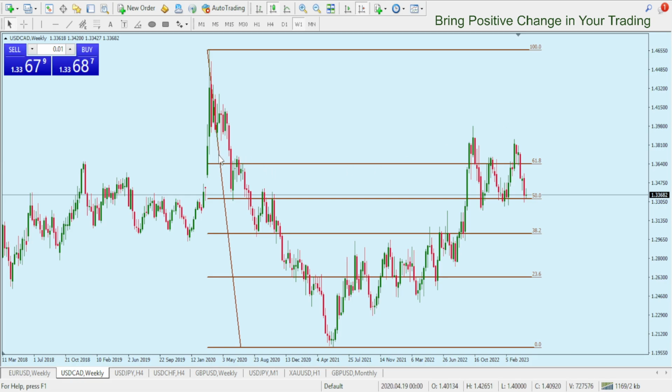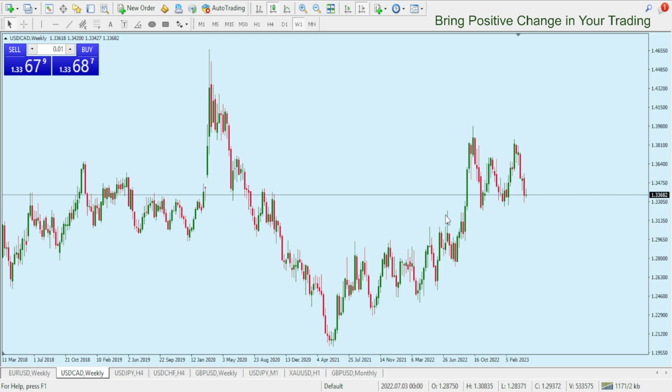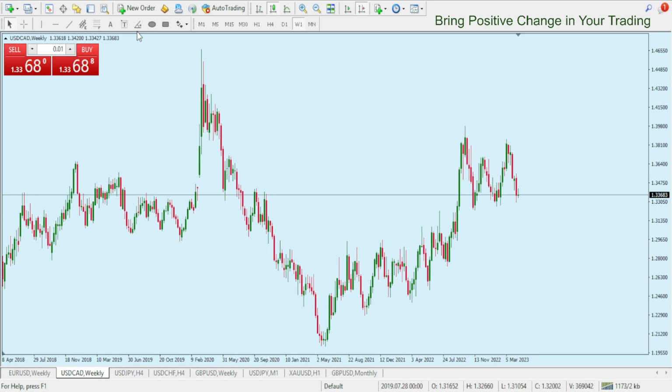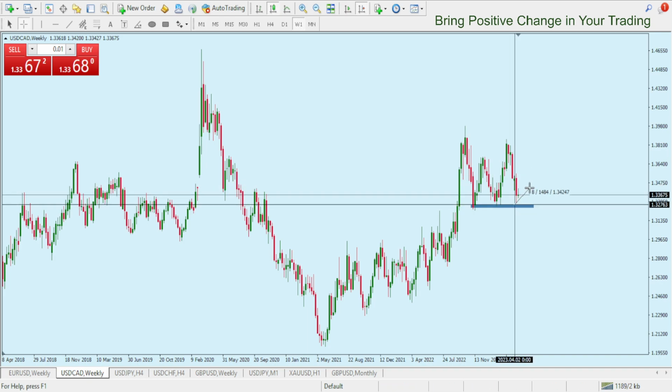So what I am looking for on the dollar CAD on the weekly time frame, obviously it is struggling right here. Okay, so if it is struggling, and even first time it rejected from here, second time it rejected from here, and now the third time, let's see.